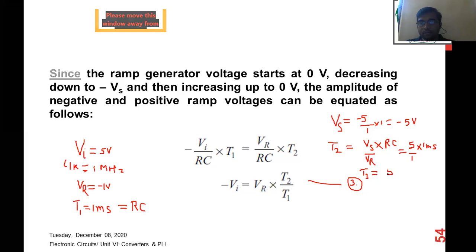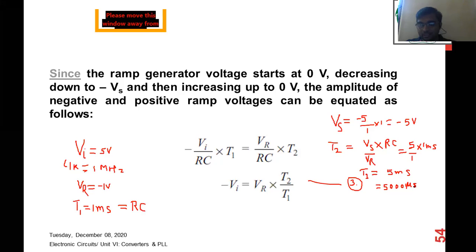It is 5 millisecond, or in terms of microsecond you can write it as 5,000 microsecond.